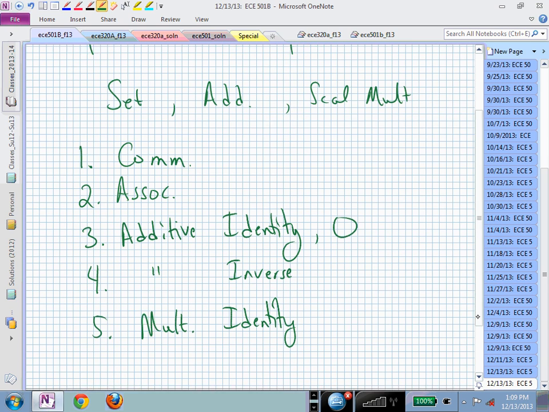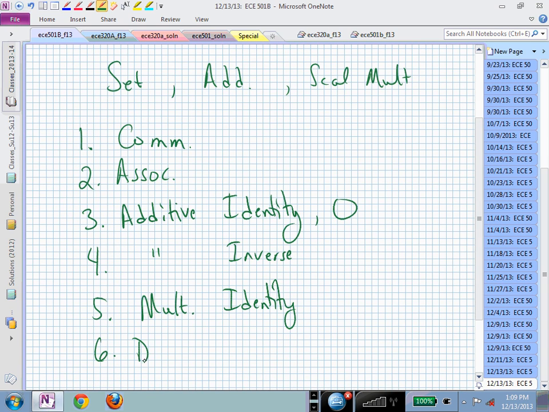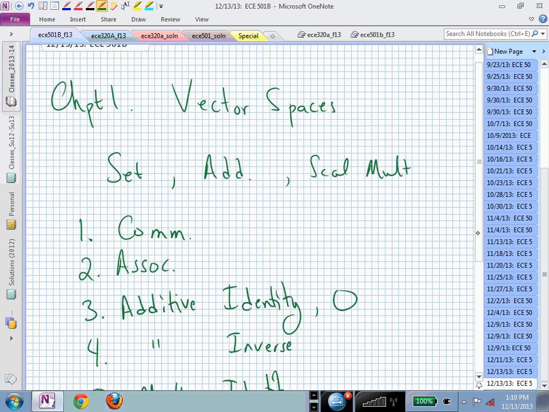And finally, it needs to have these distributive properties where you can distribute a scalar across 2 vectors, or distribute 2 scalars across a vector. So those are the things dealing with vector spaces: a set, an addition, and a scalar multiplication.